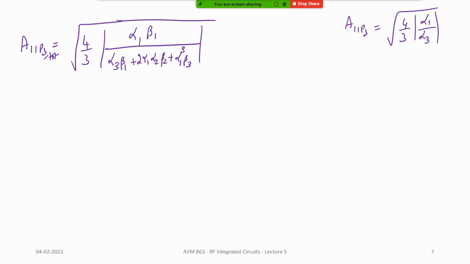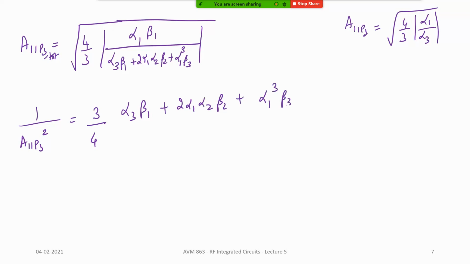It is easy for us to analyze if we just square it and invert it. So 1 by AIIP3 squared is basically, the root goes off, it becomes 3 by 4 times alpha 3 beta 1 plus 2 alpha 1 alpha 2 beta 2 plus alpha 1 cube beta 3, the whole thing divided by alpha 1 beta 1.